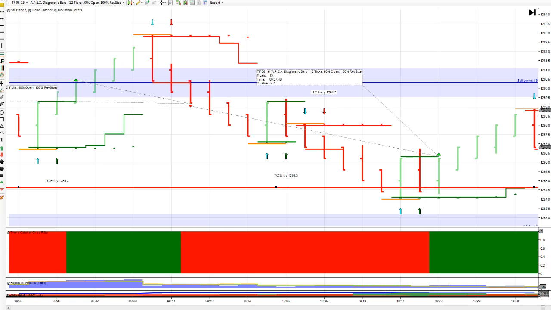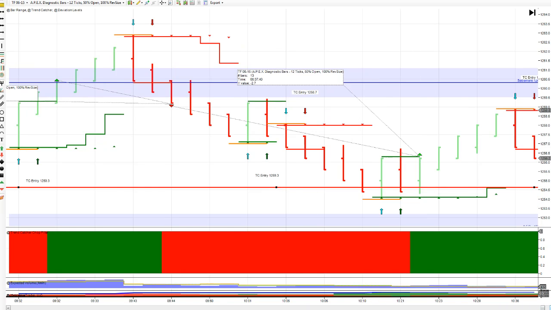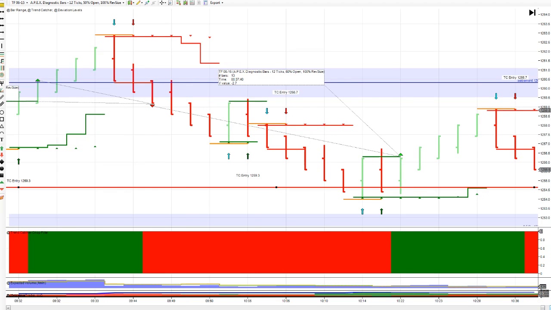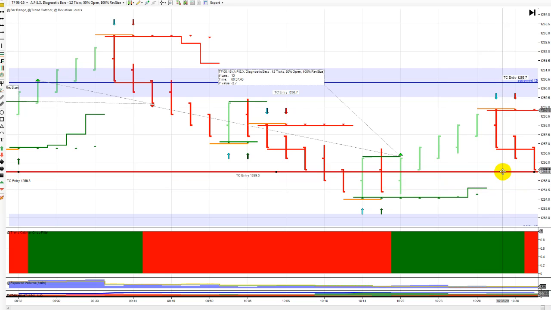Nope. Goes on down. Do we have a short yet? Still got a long chop filter, so do we have a short yet? Nope. Do we have a short now? Yep. So we're going to have to tighten this on up to a tick below the low, right?